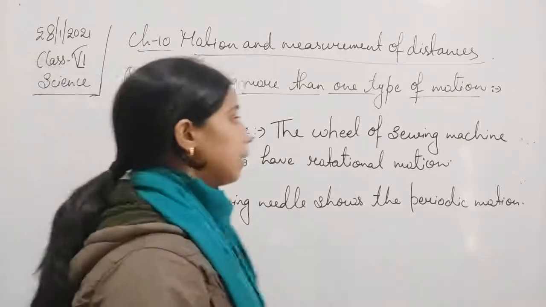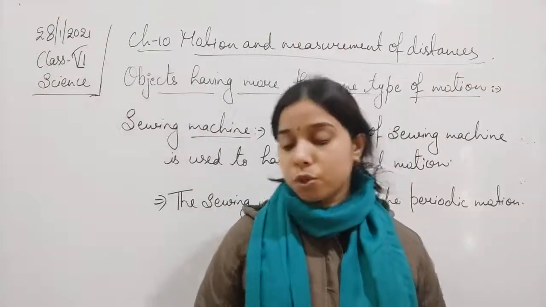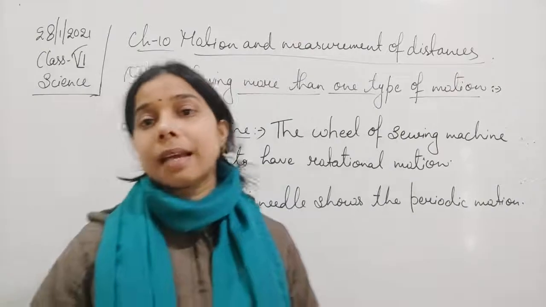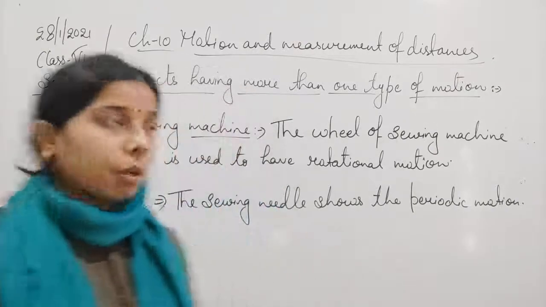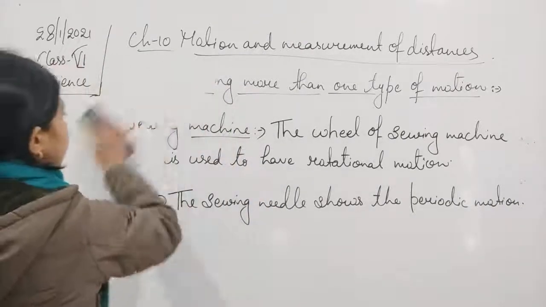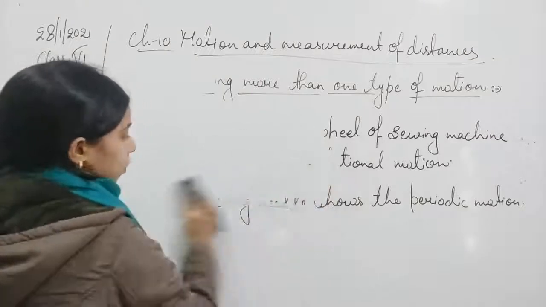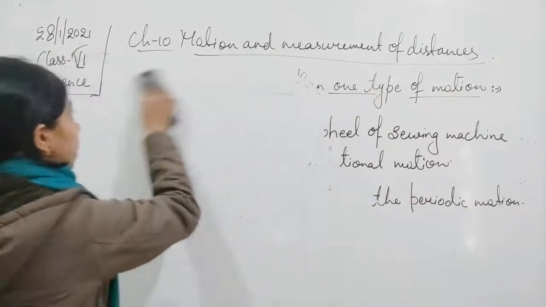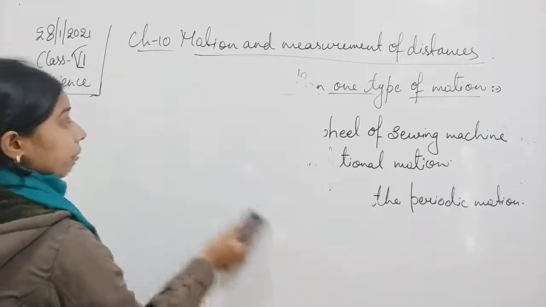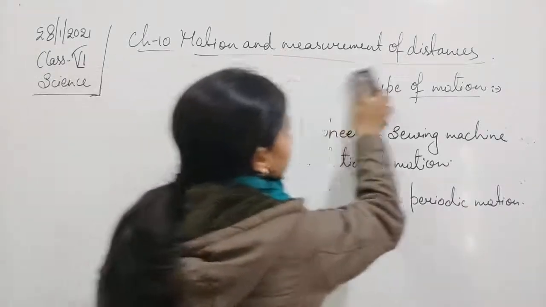Moving on, we have understood the types of motion. Now we will try to understand distances. So motion, from this chapter, is understood. Now we have to see the measurement.